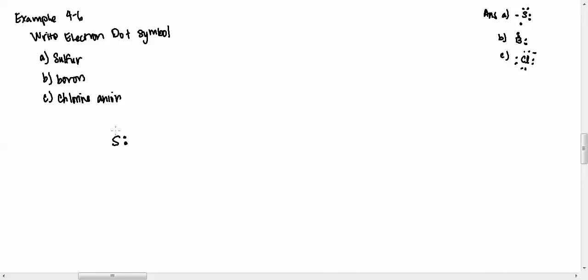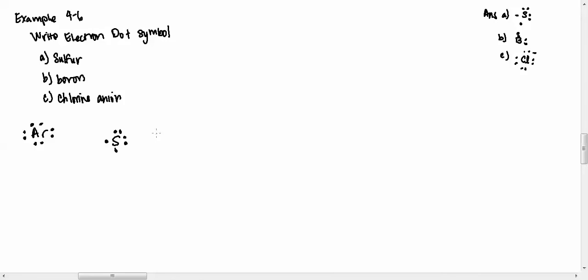So I'm going to go 3, and I'm just going to go clockwise. 4, 5, 6, and each side of the element can hold up to 2 because essentially you want 8 dots on the outside. Now, for example, argon has 8 valence electrons, and so it's got everything full on the outside. Sulfur has 6 valence electrons, so that's how that looks.